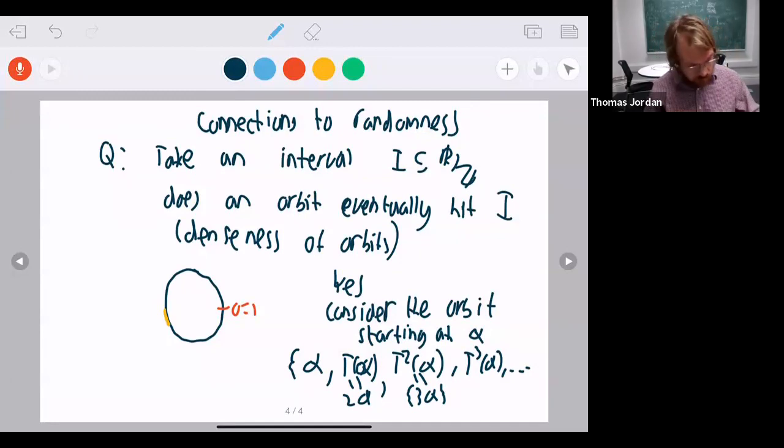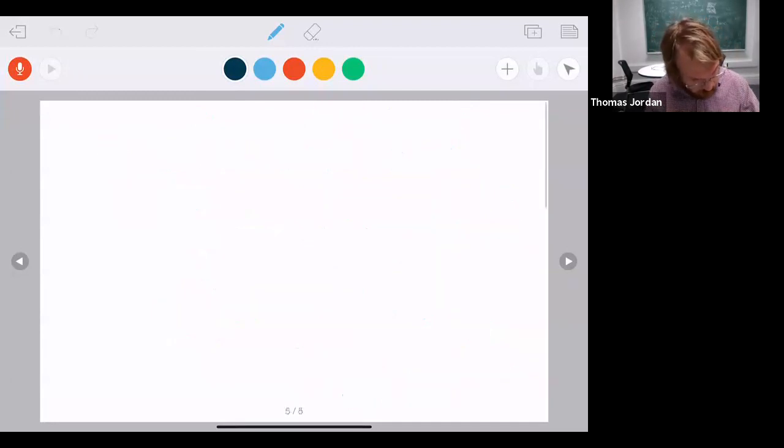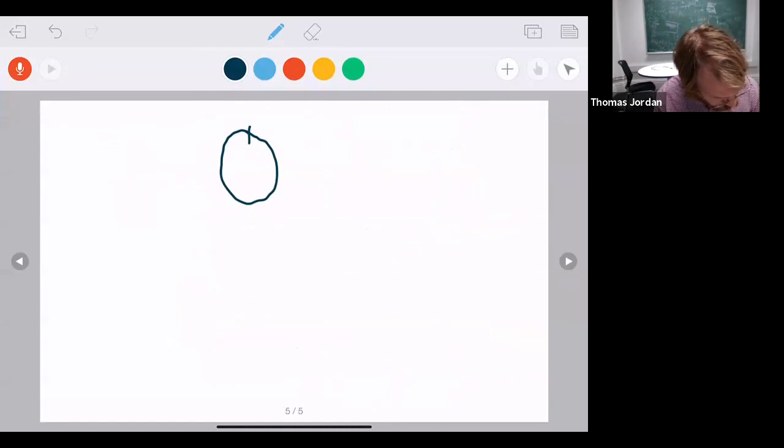Okay. So how can we show this? Here's our point 0, which is equal to 1. We've got some value alpha, and let's just start applying elements of the orbit.